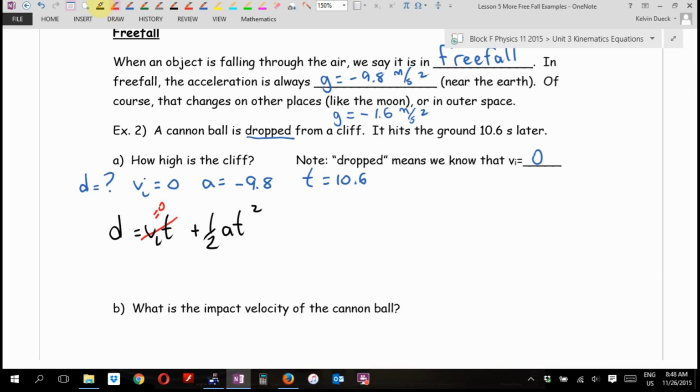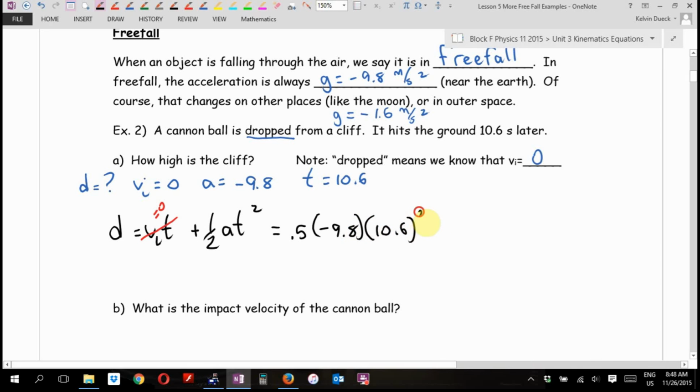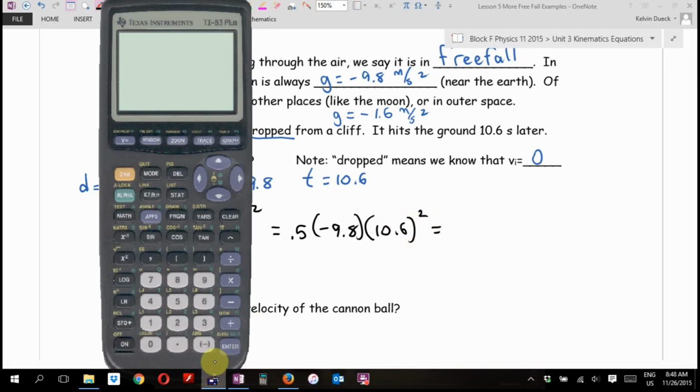Courtney, what did you say we were trying to find? Oh, the D's by itself already. That's convenient. So it's going to be 0.5, negative 9.8, 10.6 squared. Try this on your calculator. You're going to get something a little weird, but then when we think about it, it will make sense.